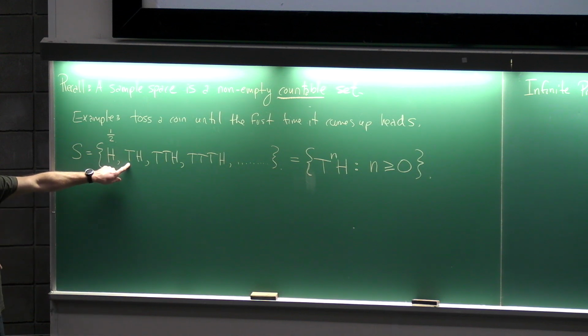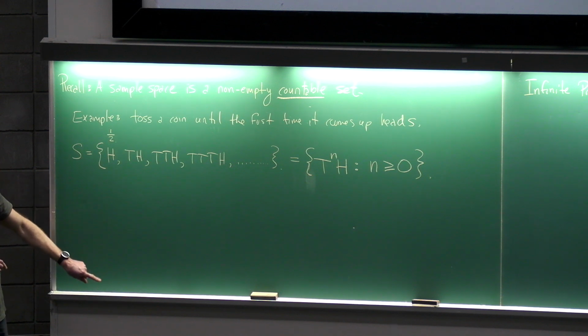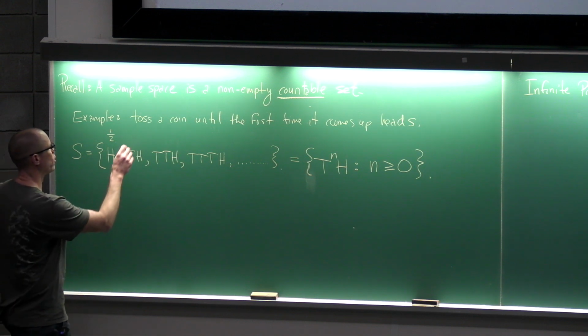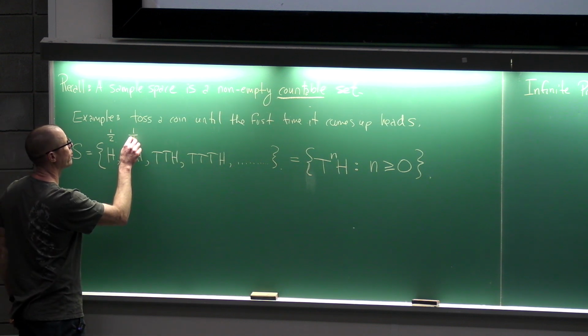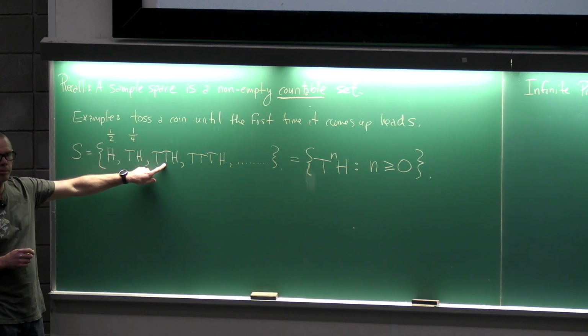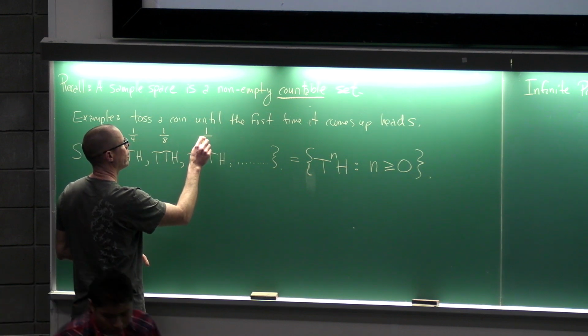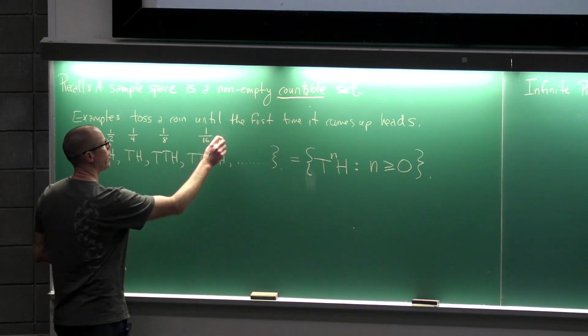With probability 1/2 it comes up tails the first time, and then independently with probability 1/2 it comes up heads the second time, and the probability of this and this, because they're independent, is just the product of those two probabilities. So it's 1/4, 1/2 times 1/2. And then this one, 1/8, 1/16, and so on.